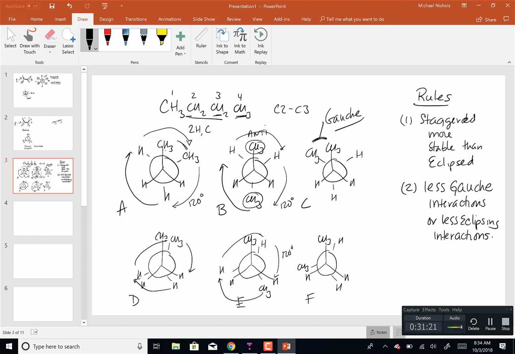But that one gauche interaction is more than B has with 0 gauche interactions. So another way to say that is more gauche interactions, more unstable the molecule.